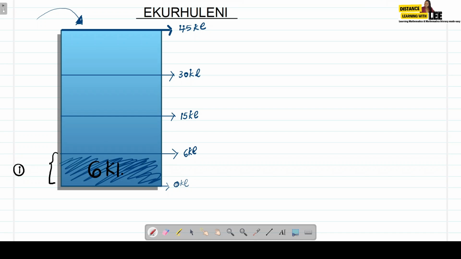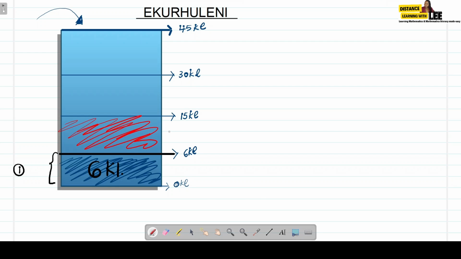Then we continue to pour more water. Remember, we are on the 6 kiloliter mark, and we continue to pour more water into our tank. When we continue to pour water until we reach our 15 kiloliter mark, how much water have we actually poured into our tank?